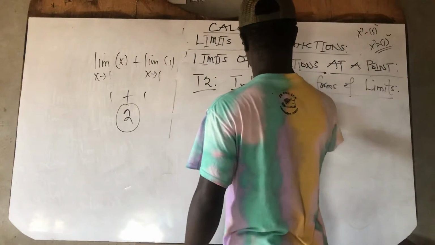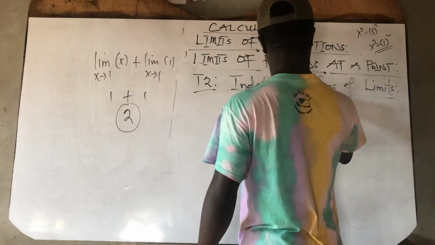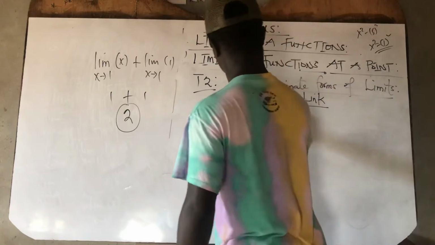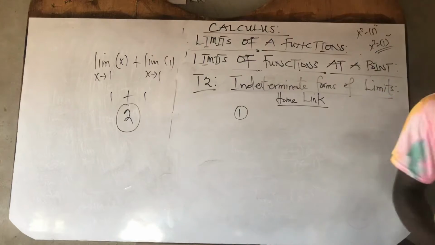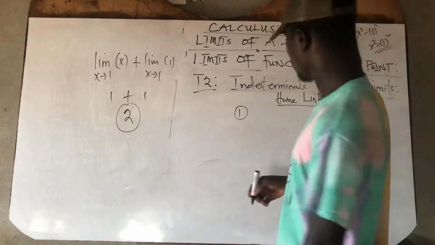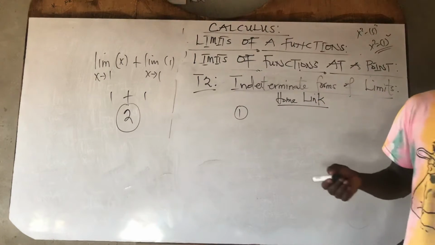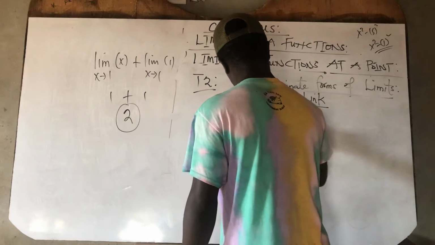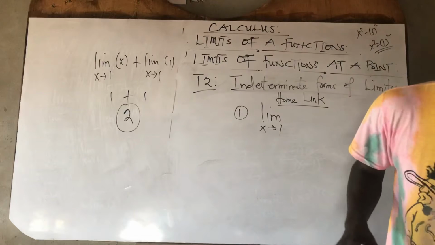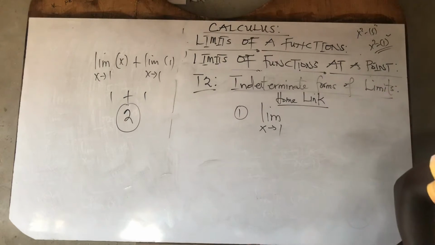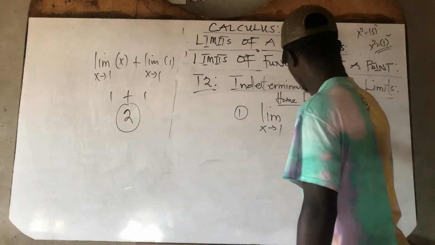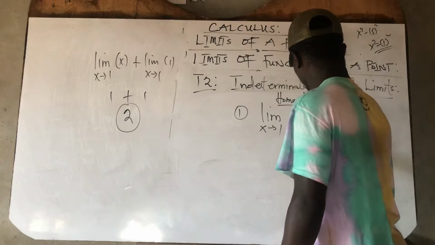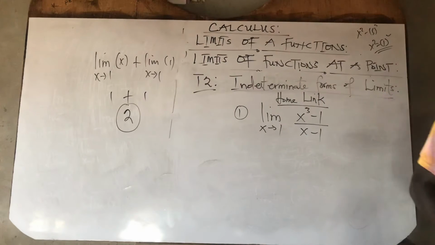So homework. The homework. So I give you 3 questions here. So they said evaluate the following limits. Evaluate the following limits. So we have the limit as x approaches 1 of x cubed minus 1 all over x minus 1.